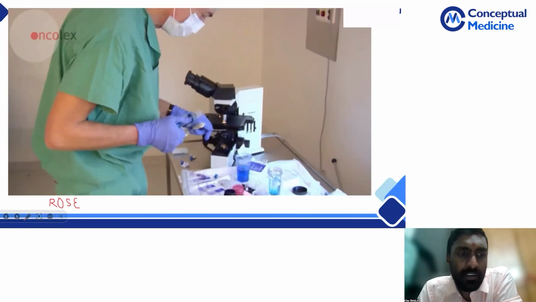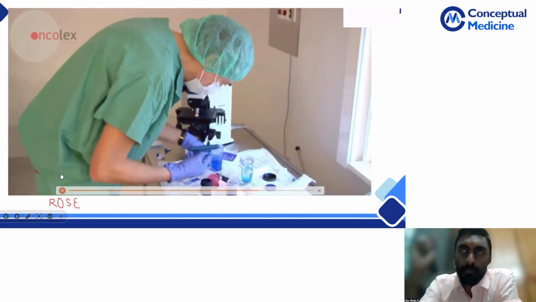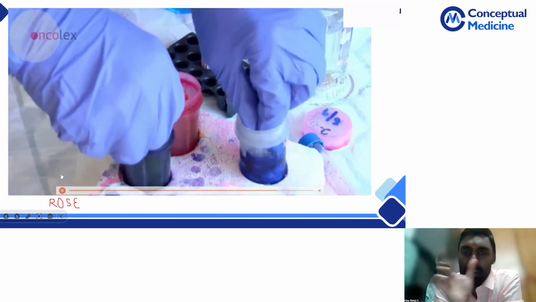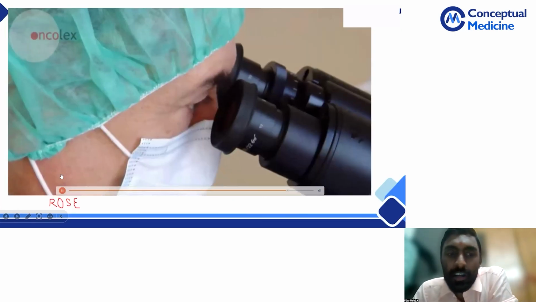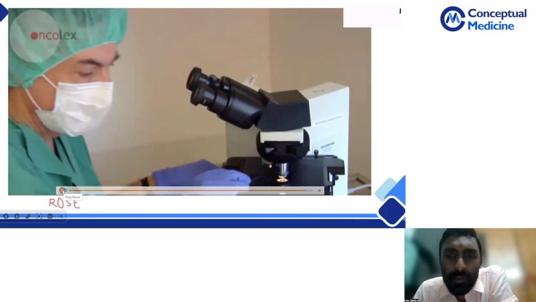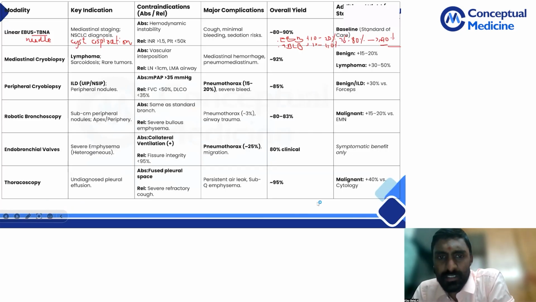If you're going to ask, is this going to have any diagnostic yield? Definitely no. What it does is, let us say the number of times you have to sample the node, it will reduce that, and the duration of the procedure, it will reduce. So that is what ROSE does. You're going to see it in the microscope directly. So that is your EBUS TBNA.